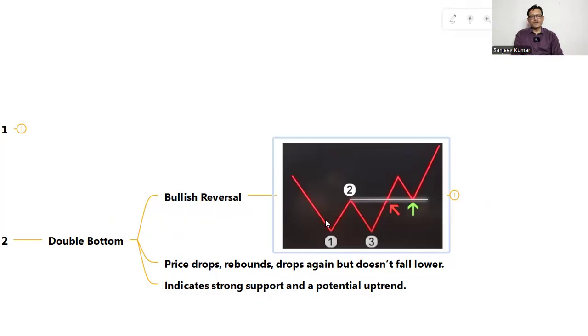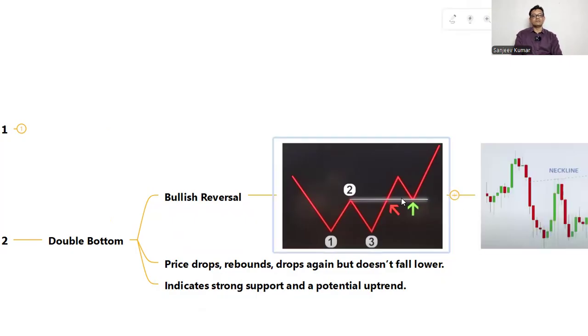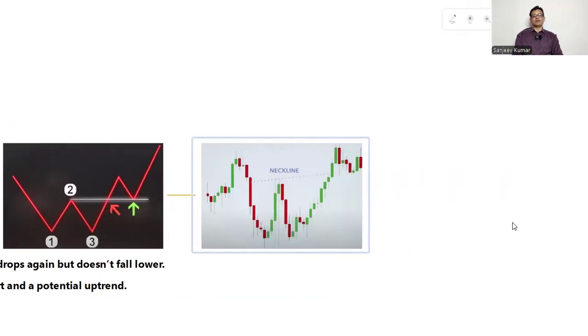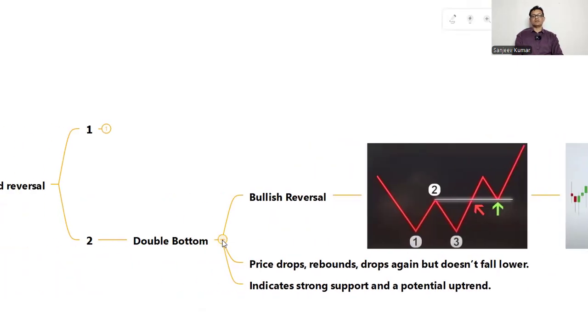Price drops, rebounds, drops again, but does not fall lower, indicating strong support and potential uptrend. This is also called W pattern, and double top is also called M pattern. Candle or chart looks like this one. I think this must be clear.